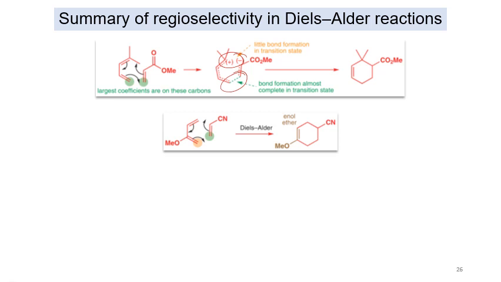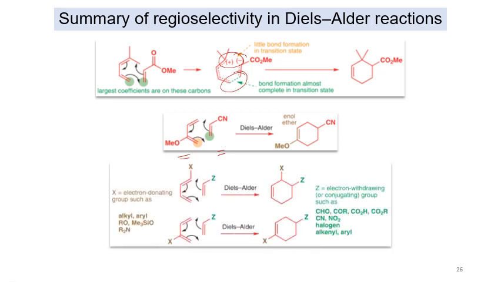In the next example you can see once again, this is electron rich and this is electron poor. Therefore, the Diels Alder reaction gives rise to a 1,4 disubstituted cyclohexene.